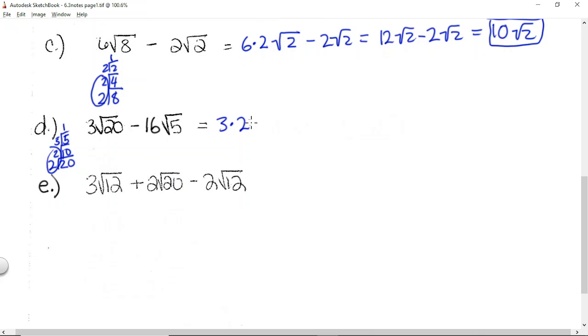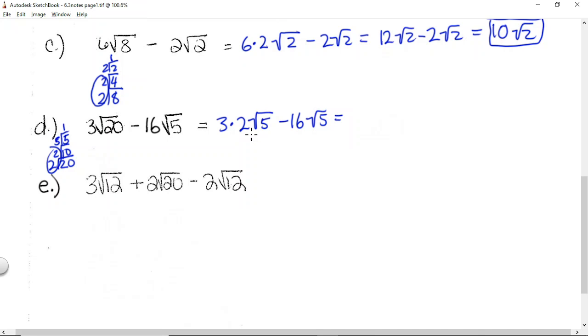And we pulled out a 2, and what's left inside the radical is the 5. I know that's a little sloppy there. So we have a 5 inside. Okay, so that's still minus 16 times the square root of 5.